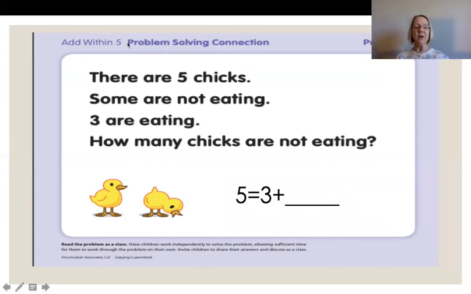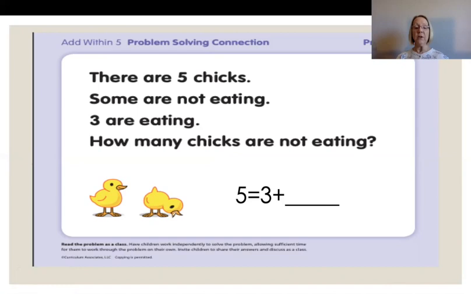All right, so we have 5 chicks. Some of them aren't eating. We have 3 that are eating. And the question says, how many chicks are not eating? So we have a sum of 5, and we know that 3 chicks are eating. So how many chicks are not eating?